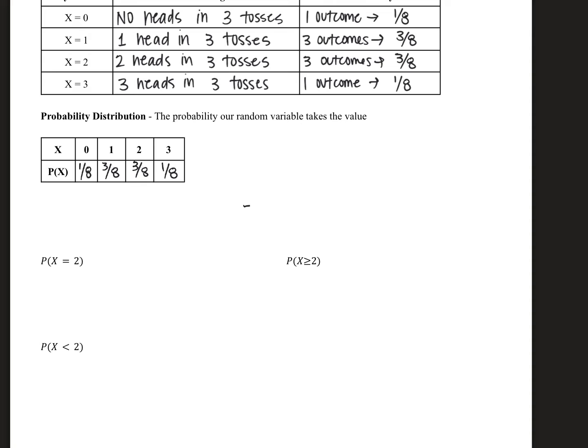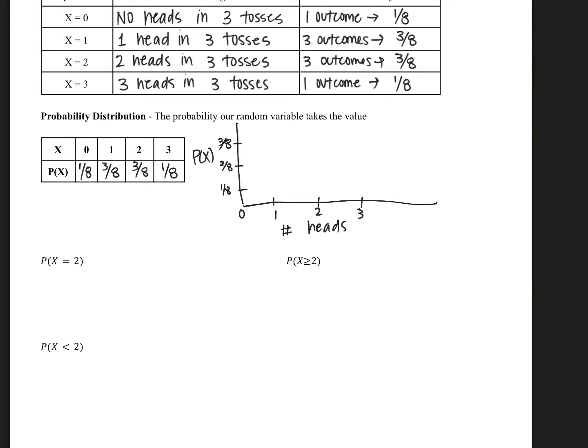Okay. We can also construct a graph for this. So the x-axis would be the number of heads. The y-axis is the probability. So 1/8, 2/8, 3/8, and we have 0, 1, 2, 3.